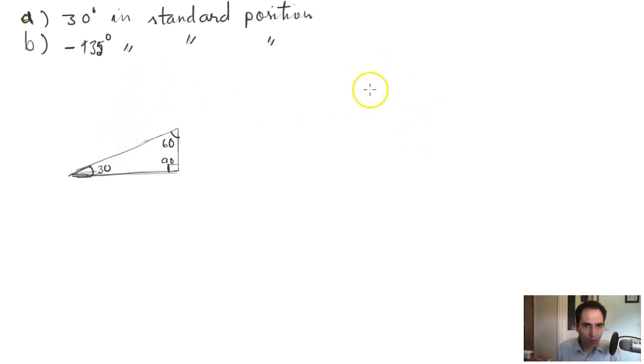Now, usually what I do is that it's always helpful to visualize what sort of angle you have, because when you have a unit circle in standard position, it means that you have a unit circle like this.